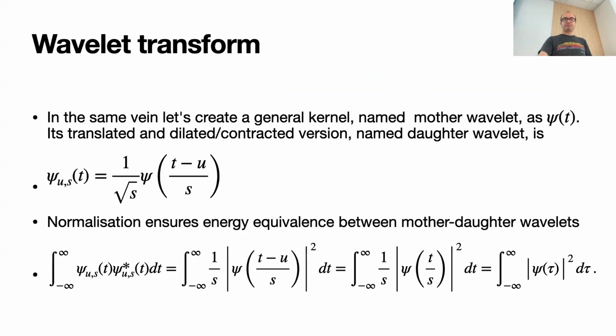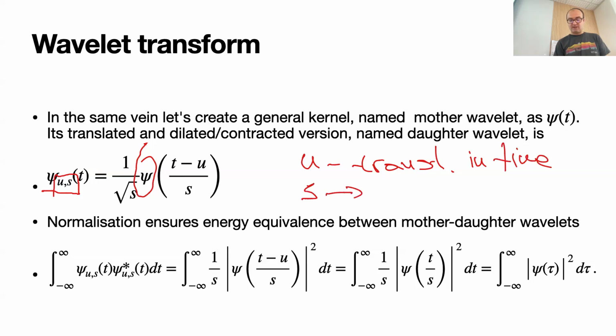Okay, so the choice of mother wavelet is this function C. What we are going to look at throughout all these equations are these indexes u and s. u means translation in time.